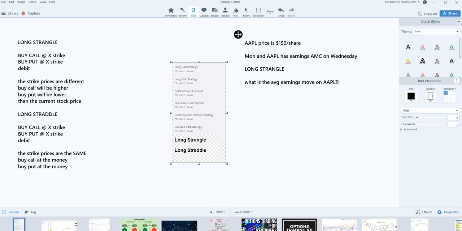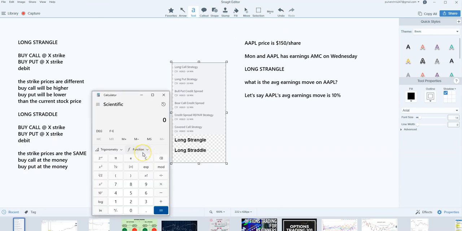So let's say, again, this is just an example, but let's say Apple's average earnings move is 10%. Okay? So what's 10% of a $150 share price? We can do the math. $150 share price, 10% move, it's a $15 move.